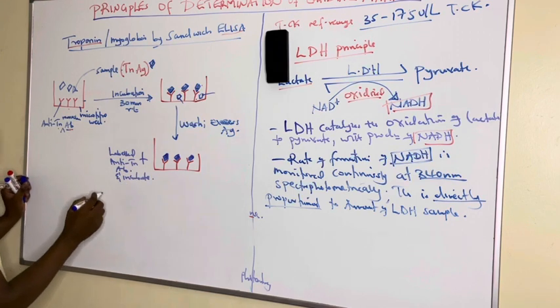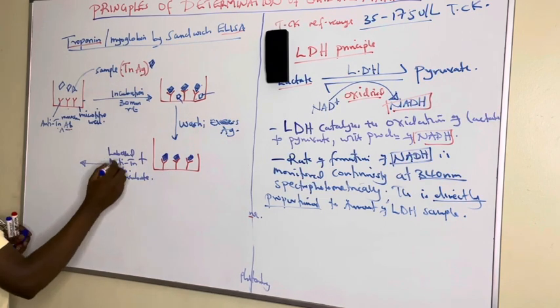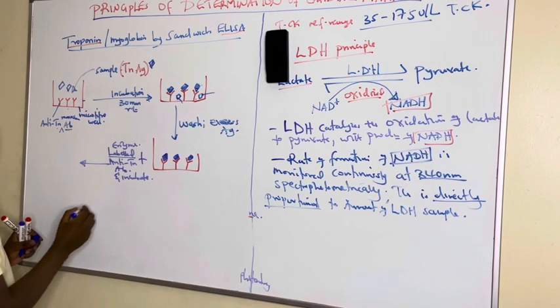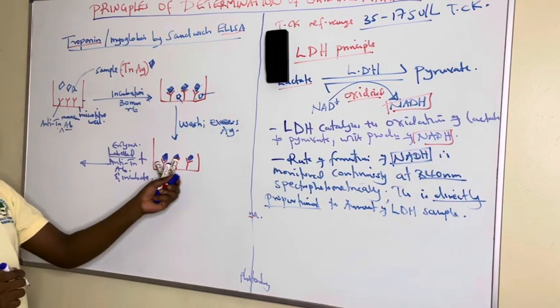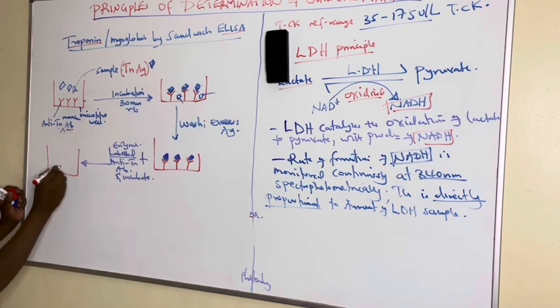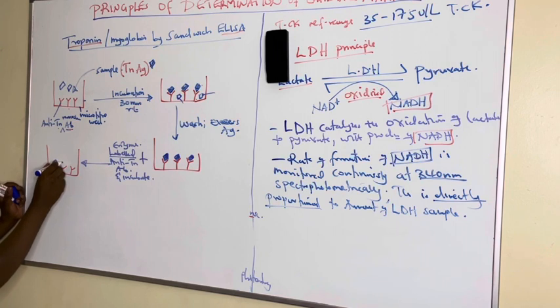And during that incubation, because of the presence of the antigens, we are going to see these enzyme labeled, or enzyme linked, anti-troponin antibodies binding to the epitopes of these troponin antigens. So in the pre-coated microtiter well, we already have the troponin antigens binding.